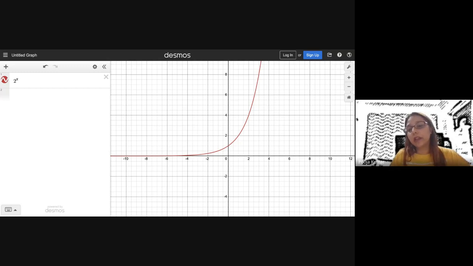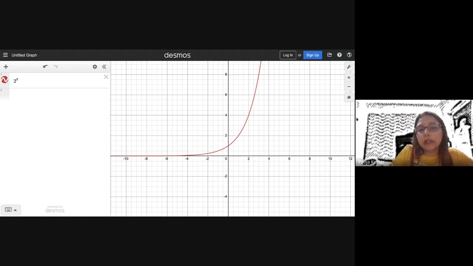If you remember, 2 raised to power 3 into 2 raised to power 4, you add up and get 2 raised to power 7. 2 raised to power 3 divided by 2 raised to power 4, you subtract, so it becomes 2 raised to power 3 minus 4. These rules we learned in a lower class, and we are applying the same rules now. So this is one of the rules if you have a negative power.